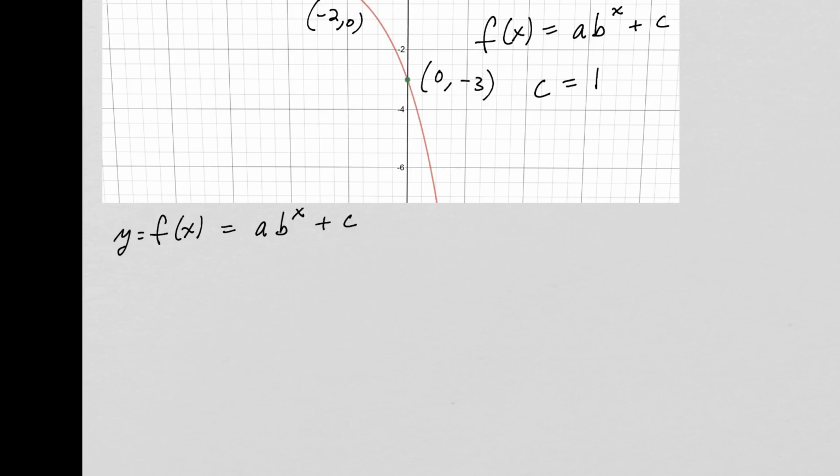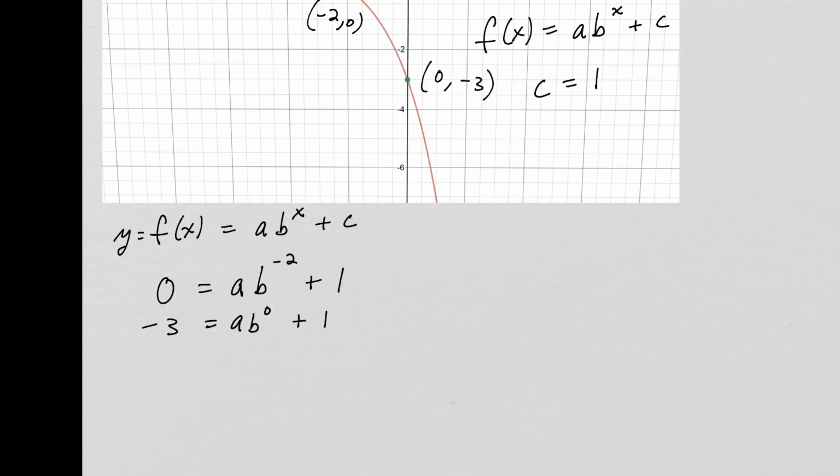Again, that comes from the horizontal asymptote. Now, let me plug in my points. So (-2, 0): that means y is 0 when x is -2. And again, I know that c is equal to 1. And then the other one is (0, -3). So y is negative 3 when x is 0.